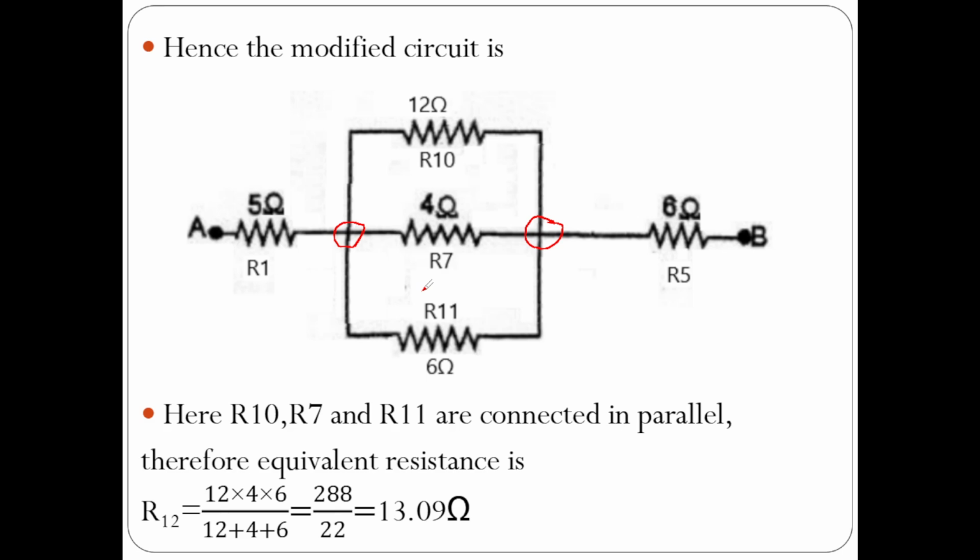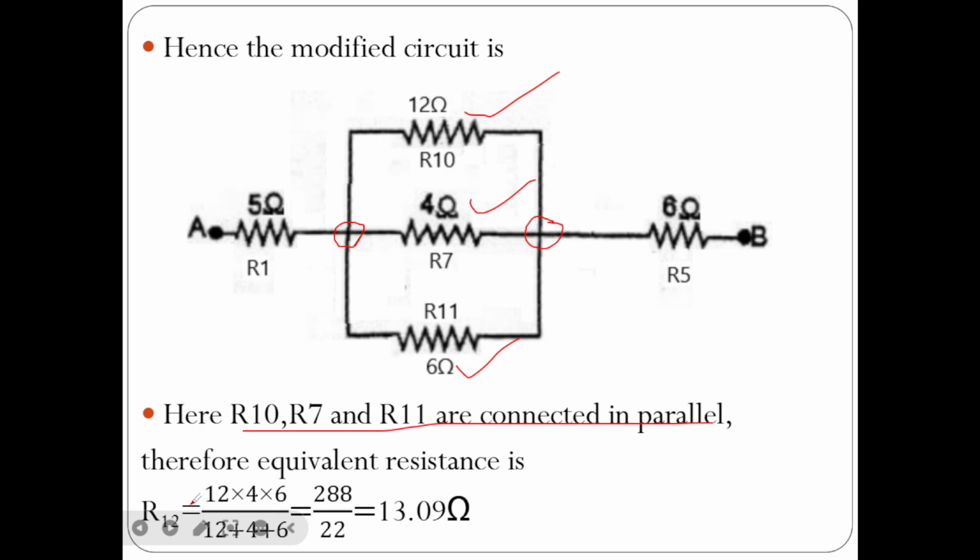So R10, R7 and R11 are connected in parallel. The equivalent resistance is 12 into 4 into 6 divided by 12 plus 4 plus 6. If you solve it, you will get 13.09 ohms. I have given the notation R12 to it, so R12 is equal to 13.09 ohms.